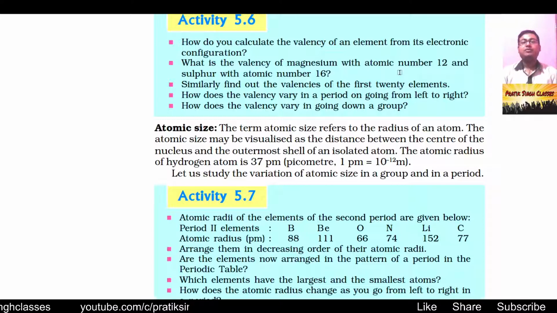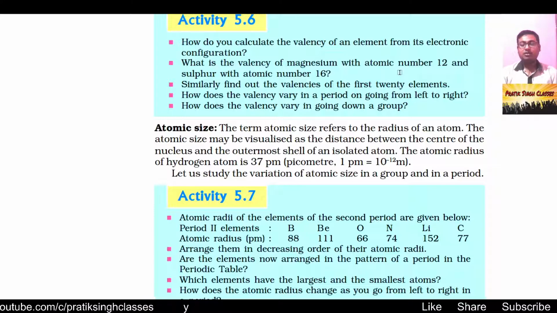If we have to make the magnesium atom inert, in that situation either we have to remove the 2 electrons from the outermost orbit, or add 6 electrons to the outermost orbit. If we add 6 electrons in the outermost orbit of magnesium, the electronic configuration will become 2, 8, 8.